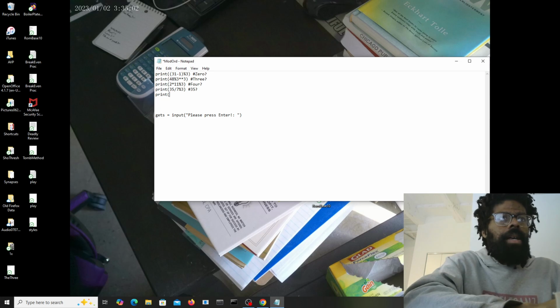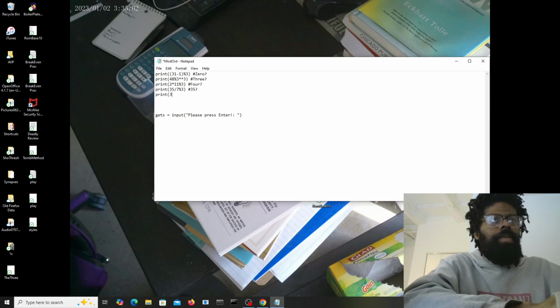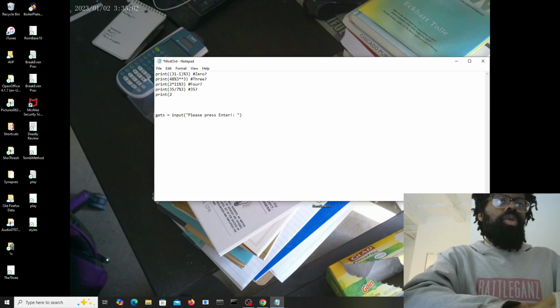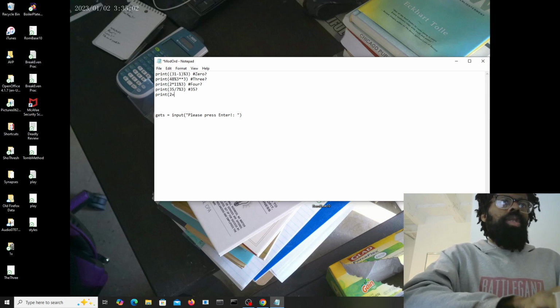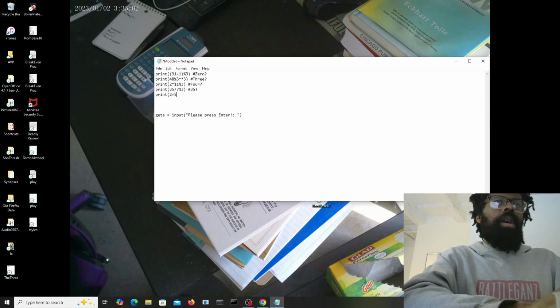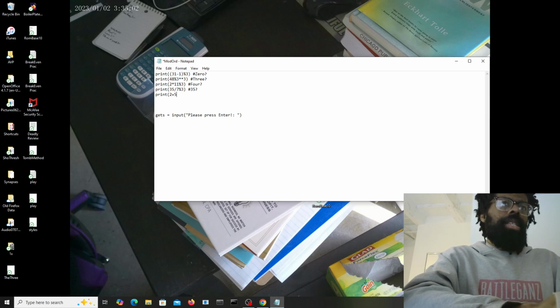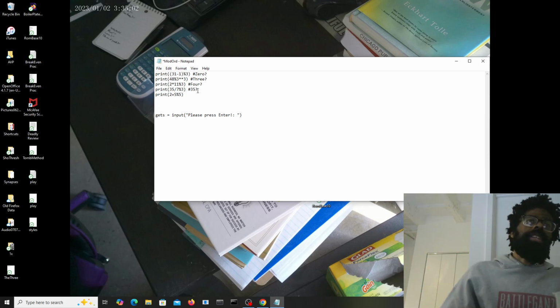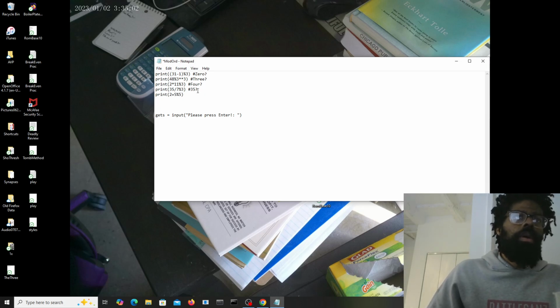Print 2 plus 5 modulo 5. Let's make it easy. If modulo goes first, then the answer is 2.